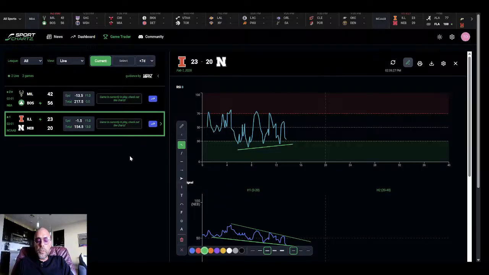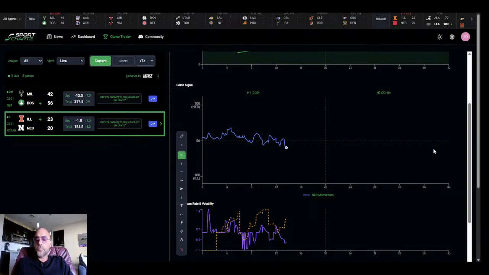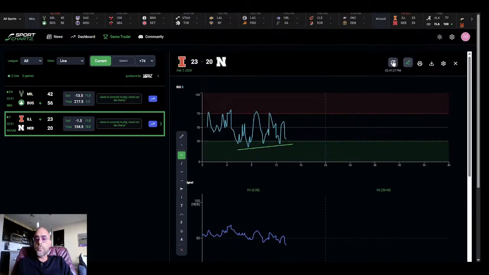All right, let's do a little update here. How we doing? Wow, Illinois is running away with it here. Now there'll be a setup. Might get even better.